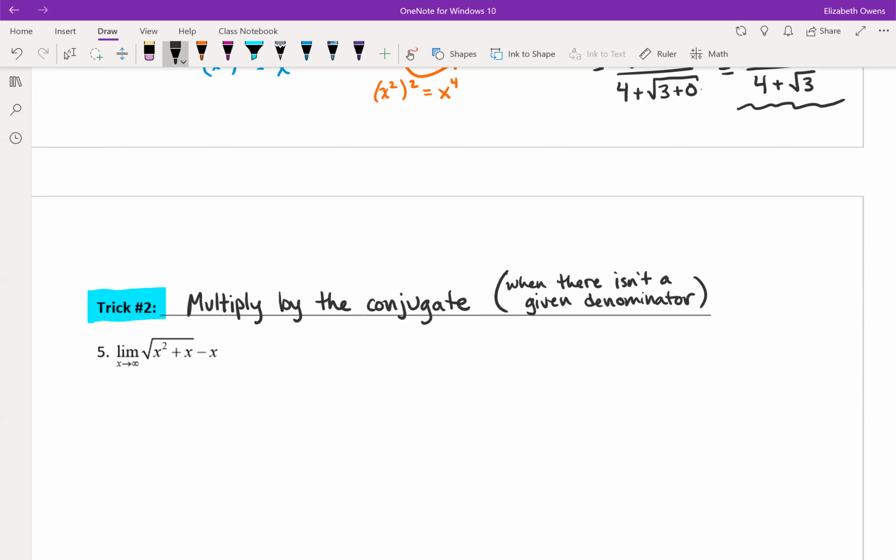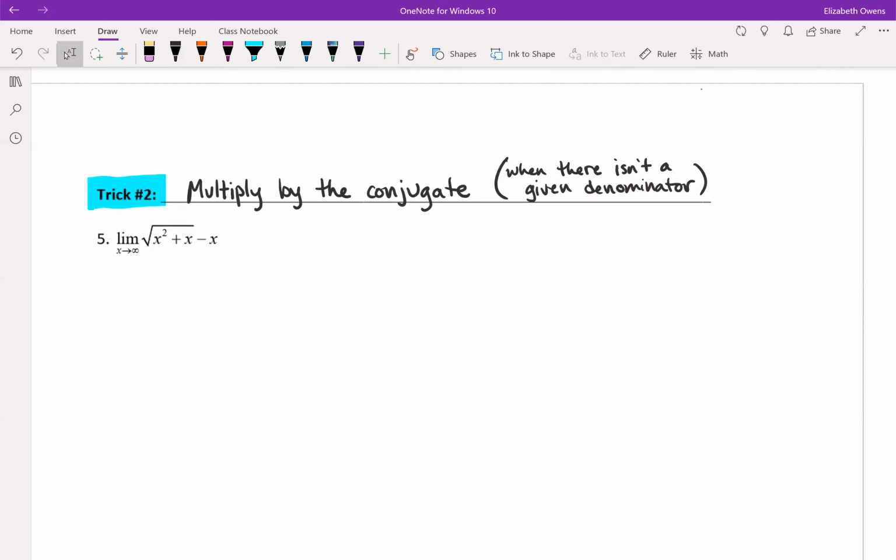So this, for example, might look something like the limit as x approaches infinity of the square root of x squared plus x, minus x. Now notice that plus x is underneath our square root and the minus x is outside of the square root. That makes a big difference. So those are not going to cancel each other out.